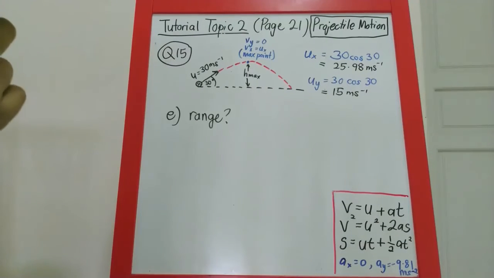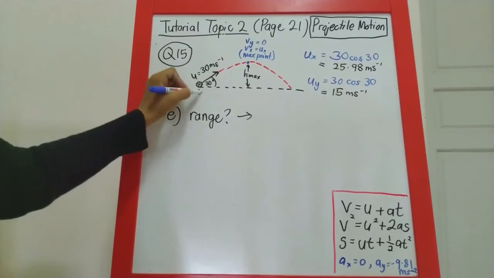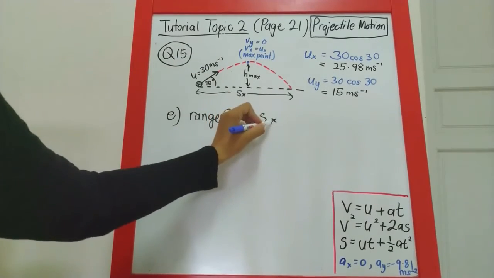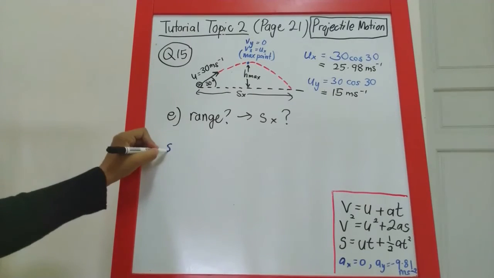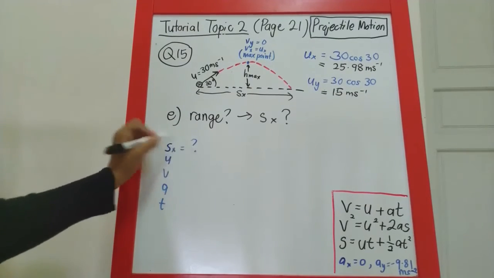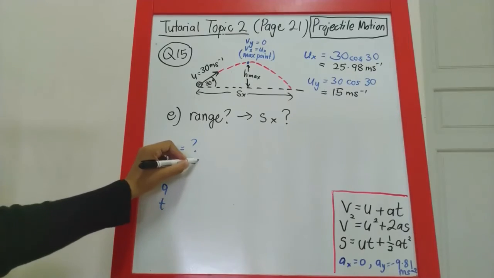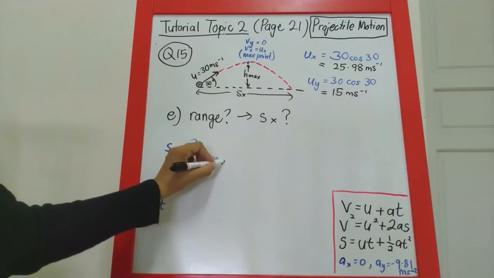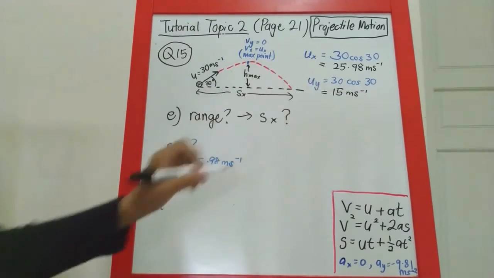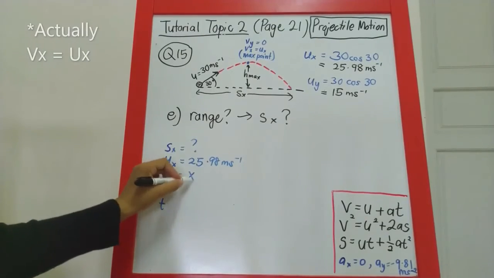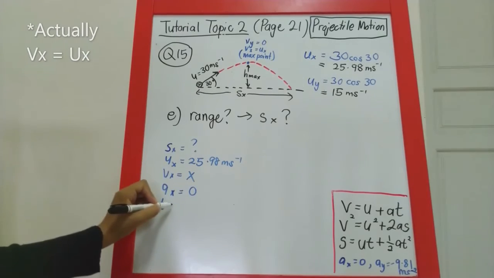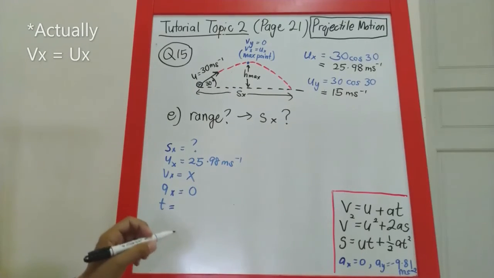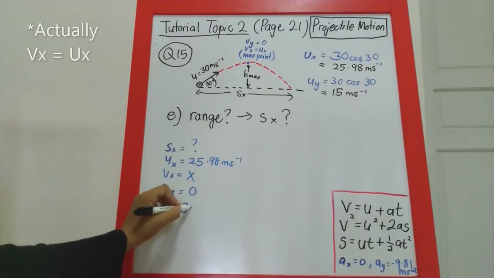Okay? At E, we ask for the range of the projectile, the horizontal distance, or you need to find Sx. Let's do SUVAT analysis. Sx is what you will find. Ux is equal to 25.98 meters per second. Here, Vx, you don't have any information. Ax equals 0, and time we found in the previous question.